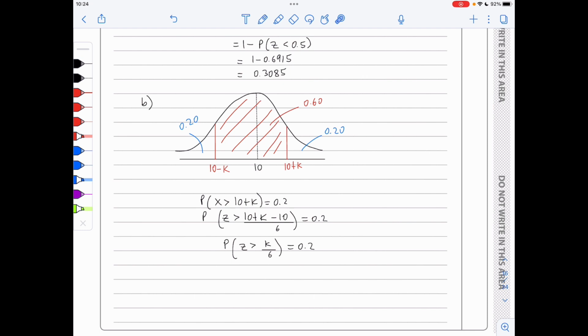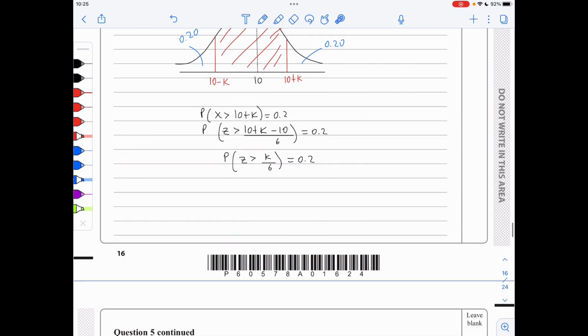Now, since this is a small, nice probability, and this is a greater than, I go to the small table of normal probabilities, and I find that k over 6 is equal to 0.8416, and therefore if I multiply by 6, I get that k is 5.0496.